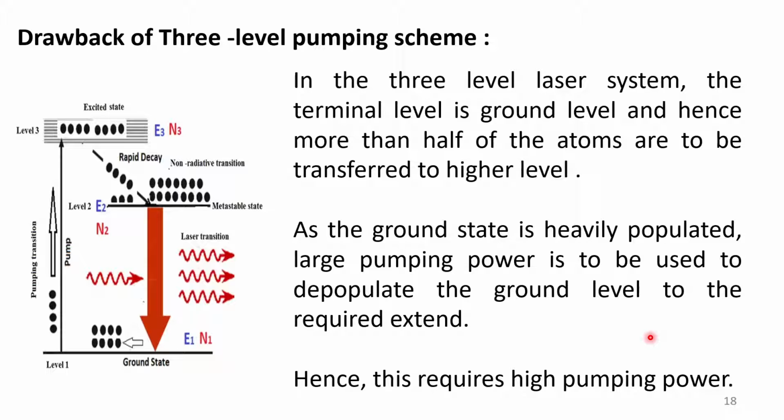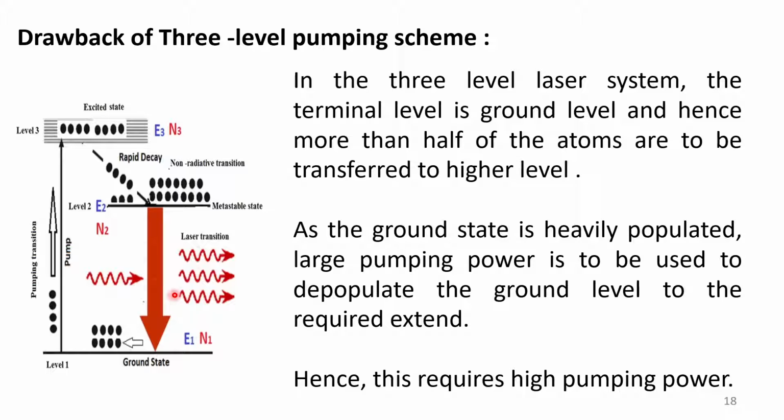To depopulate the ground state, we need more than half of the atoms to be transferred to the higher energy level. That means, with the help of a suitable pumping method, it needs to pump more than half of the atoms from the ground state to the higher energy level.